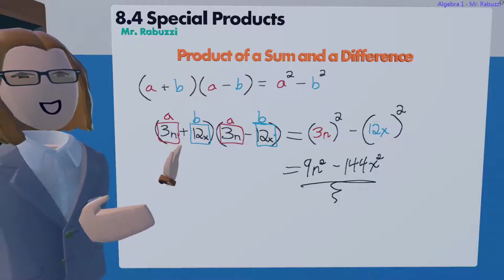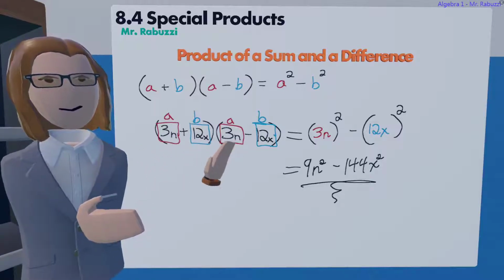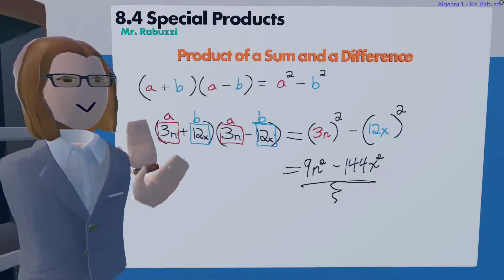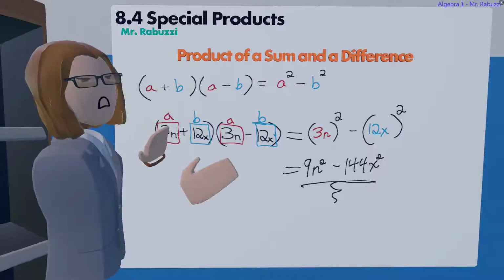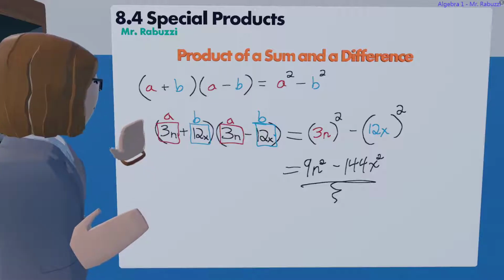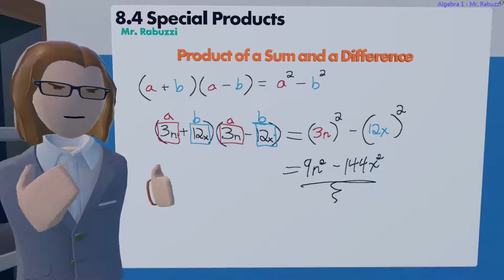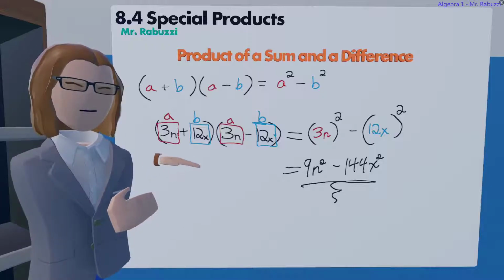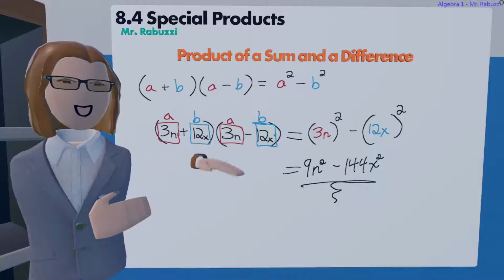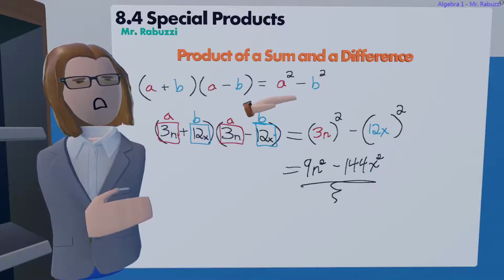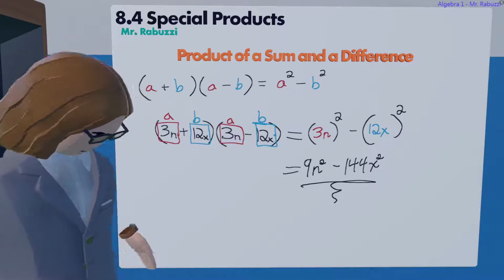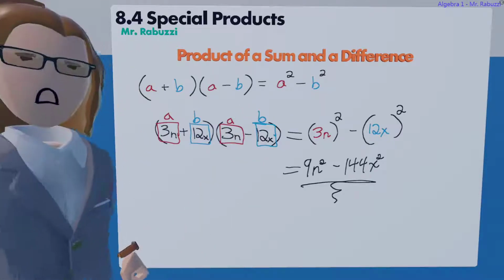The only difference can be plus and minus. If there's another difference between the two that are multiplying, it's not going to work. But if you see a problem, you say, whoa, this is just a product of a sum and a difference. Man, that's a quick shortcut in my opinion. Okay. That's all we've got for today.